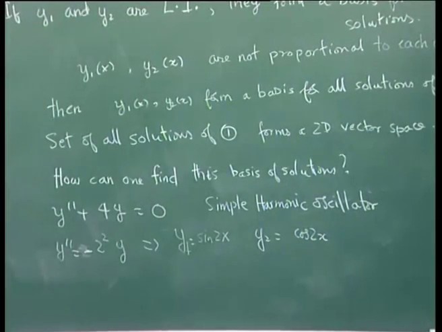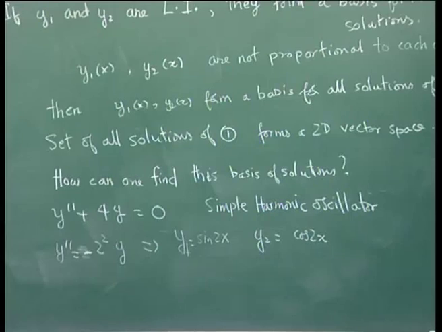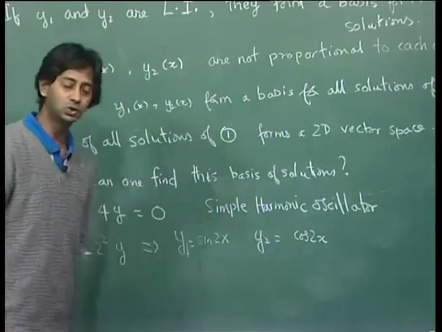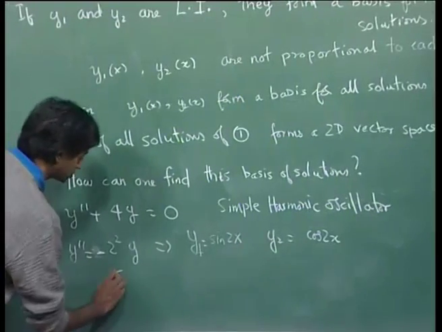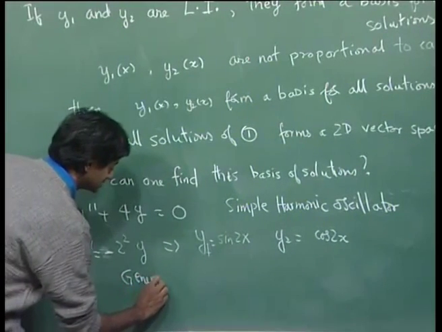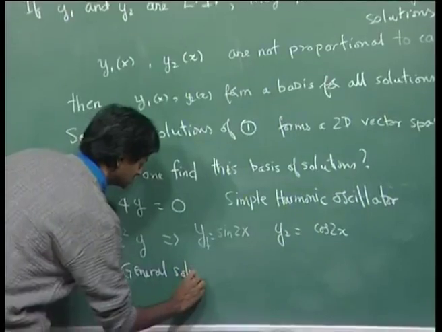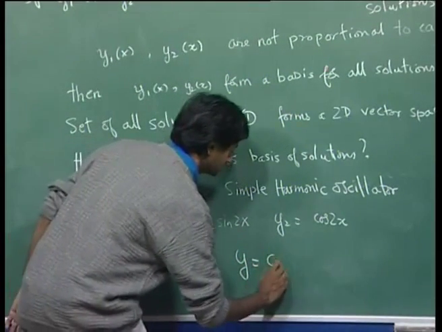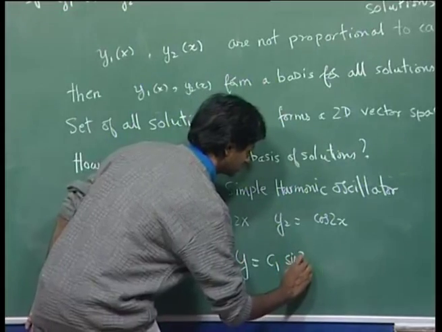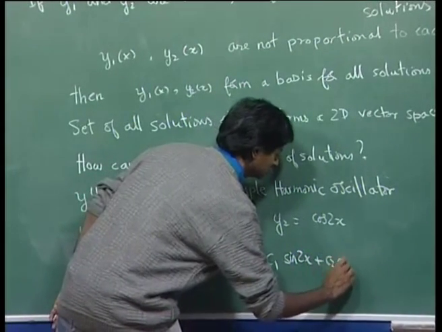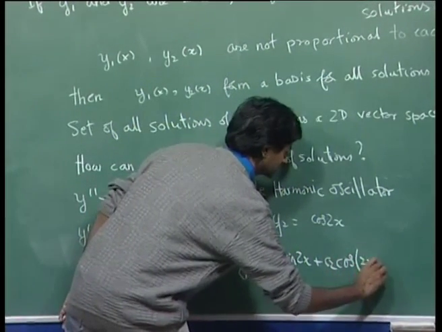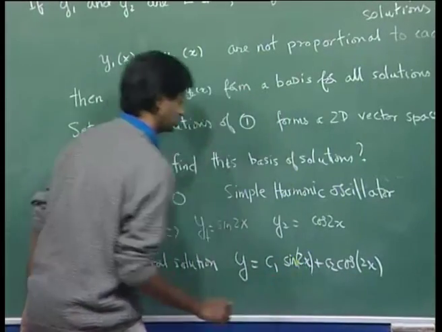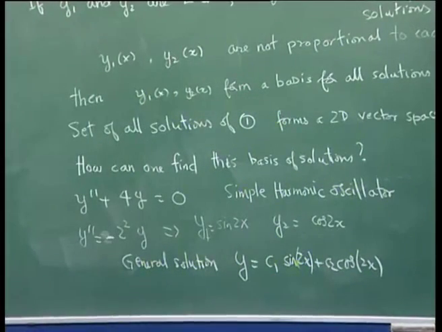So y1 is sin 2x, y2 is cos 2x, and these two are linearly independent, and so they form a basis. So the general solution y is equal to C1 sin 2x plus C2 cos 2x.